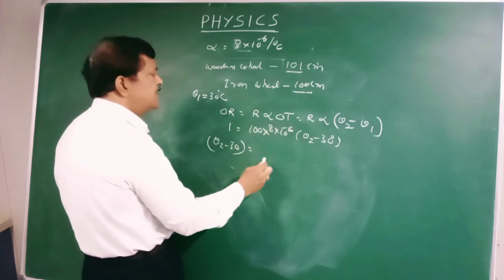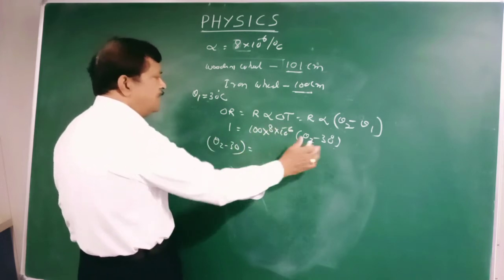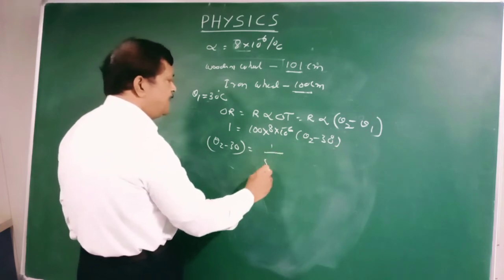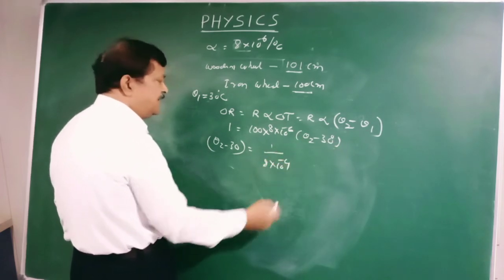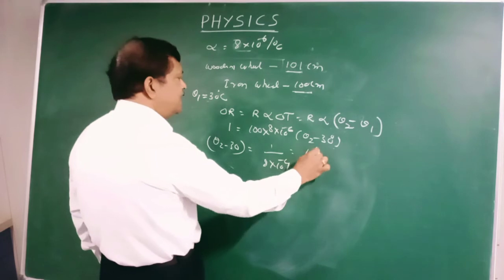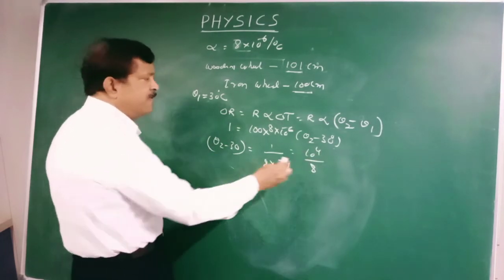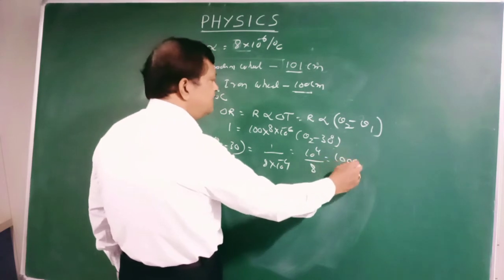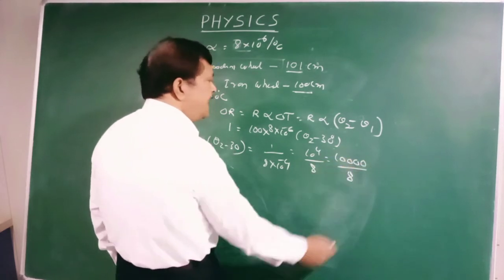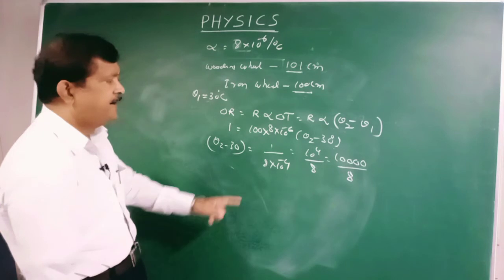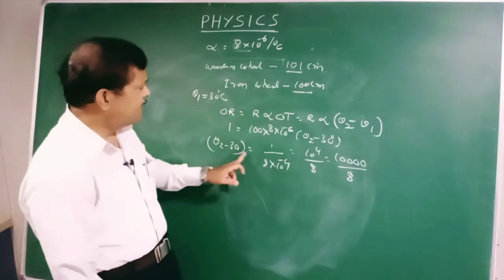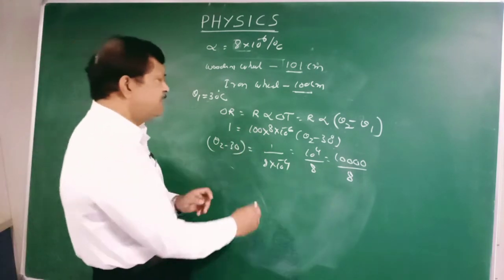Taking to the other side, it becomes 1 by 8 into 10 power minus 4, otherwise 10 power 4 by 8, that is theta 2 minus 30. 10 power 4 is nothing but 10,000. 10,000 by 8 is theta 2 minus 30.